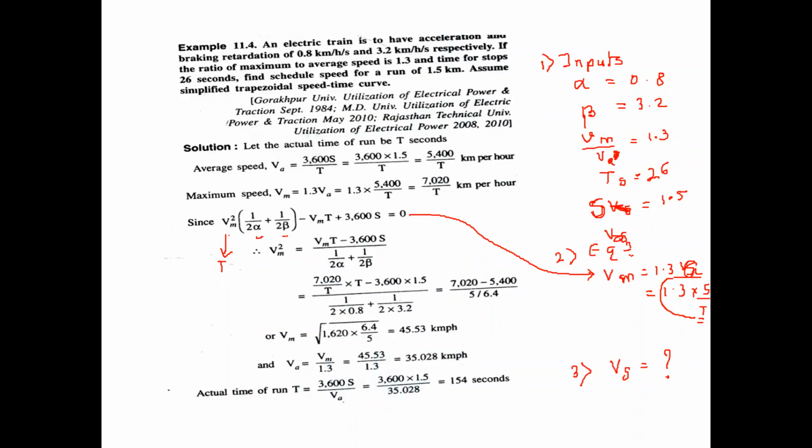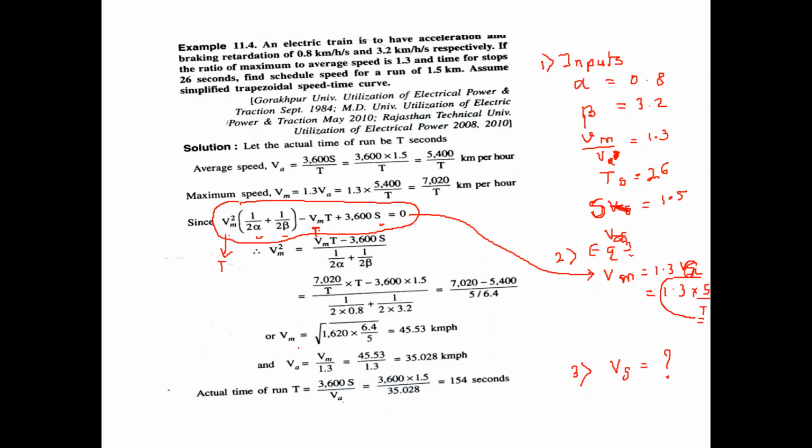Alpha and beta are known, Vm we can substitute in terms of T, and S is already known, so there is no issue with that. So the entire equation will become in terms of T, and T we can find out. This is how they have found the T value.